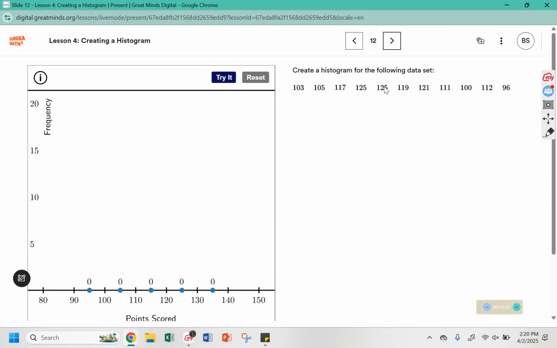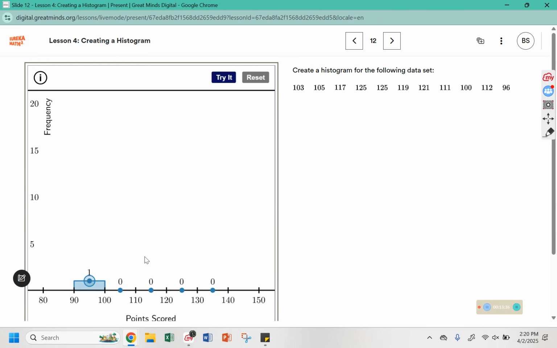Create a histogram of the following data set. So from 90 up to 100, but not including 100, I see 1. From 100, so including 100, up to 110, but not including 110.